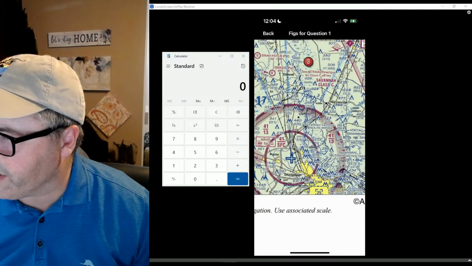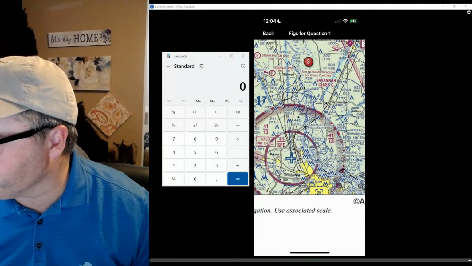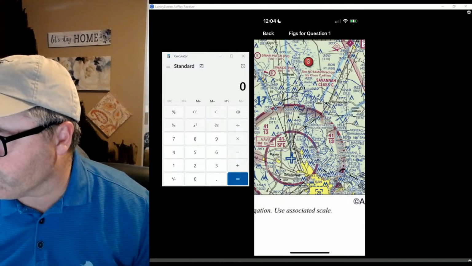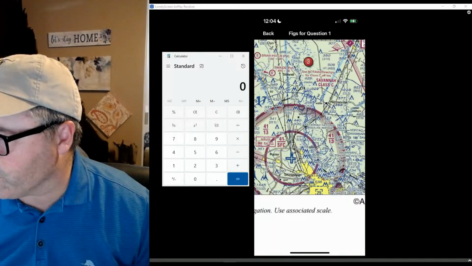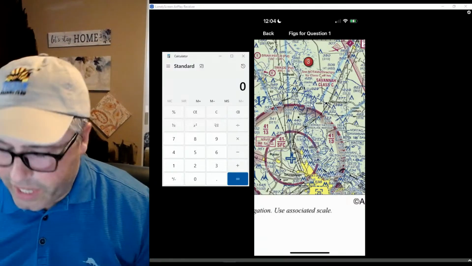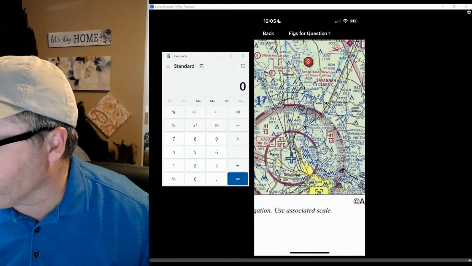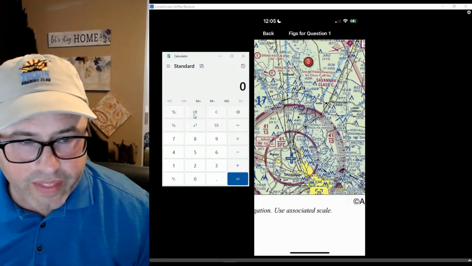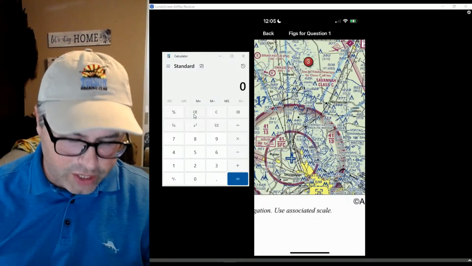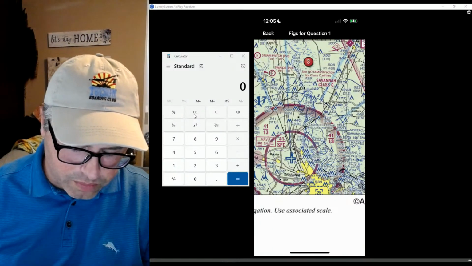So 009. Remember, you've got 360 or 000, 030, 060. Okay. So each one of these tick marks is worth 5 degrees. So 5, 10. Okay. And then right now, that's where it's useful to use your plotter and make sure that you're using the proper scale on there.